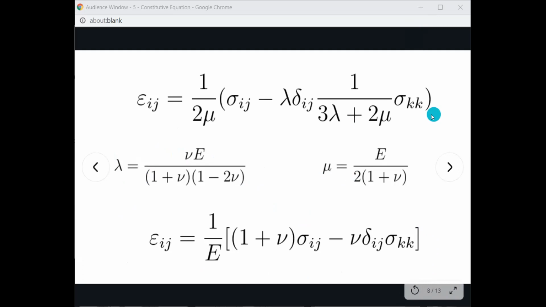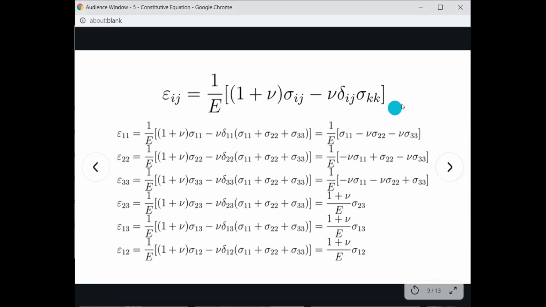Okay? And if we expand this, then we get the Hooke's law that you studied in your ES 102. I hope you studied this, no? And it's very intuitive. Strain 1,1 is equal to 1 over E sigma 1,1. Pero if you account the Poisson's ratio, then the material will deform at axis 2,2 and axis 3,3.